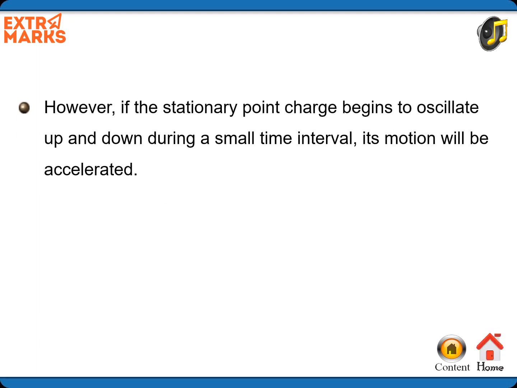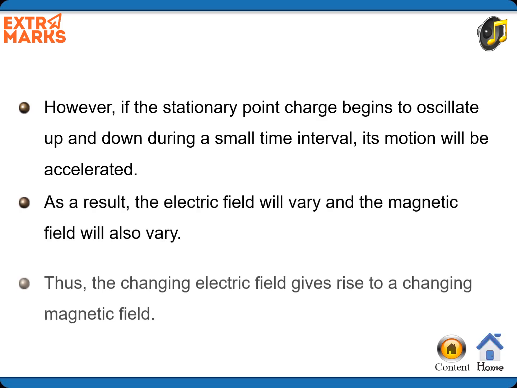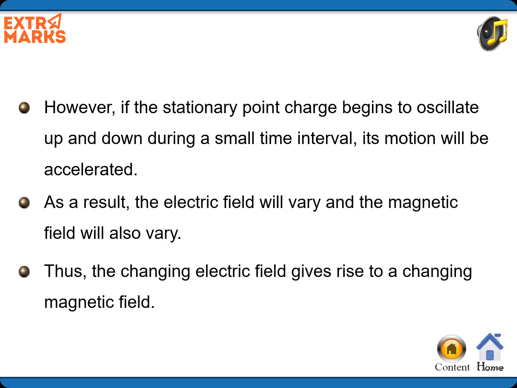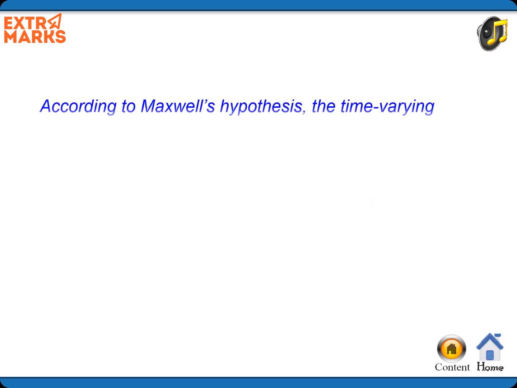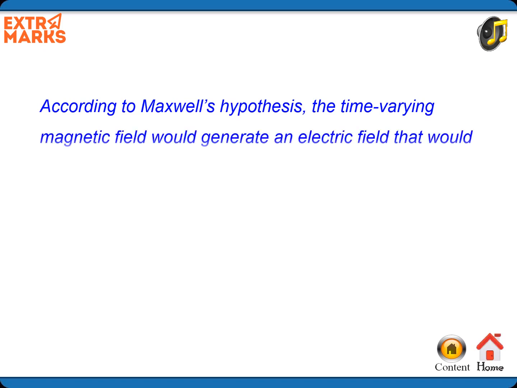However, if the stationary point charge begins to oscillate up and down during a small time interval, its motion will be accelerated. Thus, a changing electric field gives rise to a changing magnetic field. According to Maxwell's hypothesis, the time-varying magnetic field would generate an electric field that would also vary with time.